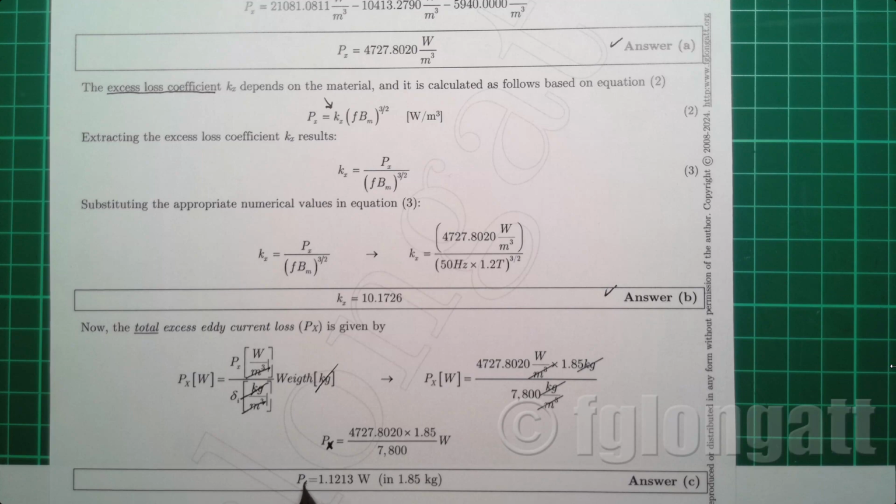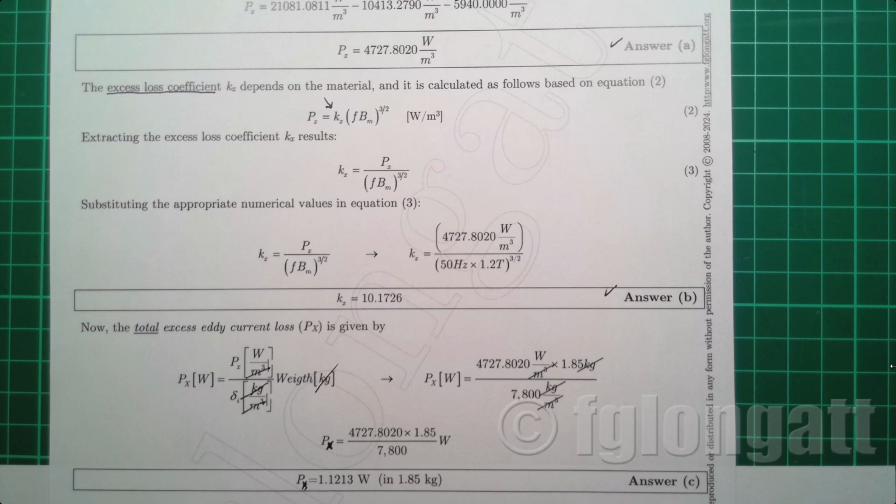Over here we obtain Px as 1.1213 watts, and this is the total active power dissipated in 1.85 kilograms of the sample.